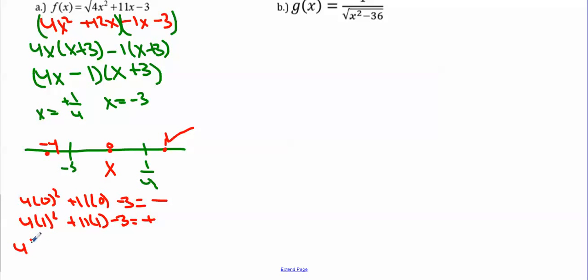So I have 4 times negative 4 squared plus 11 times negative 4 minus 3. So that is 4 times 16 minus 44 minus 3. If you take your calculator or do it by hand, that results in a positive answer.